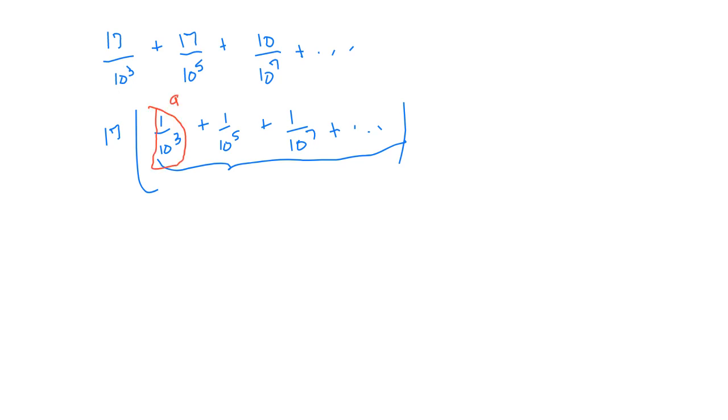So that's going to be 1 over 10 cubed divided by 1 minus 1 over 10 squared. Okay, that's the A over 1 minus R. And if you multiply that then by 17, you'll get the same answer the book did.